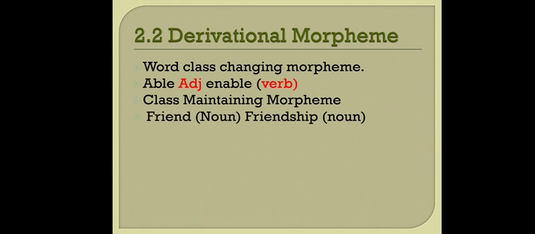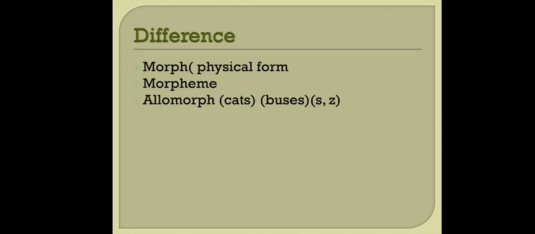If you say friendship, if you add ship as a suffix to the word friend, it is not changing its class. Like boy, boyhood. Neighbor, neighborhood. So this way they are also known as class maintaining morphemes.